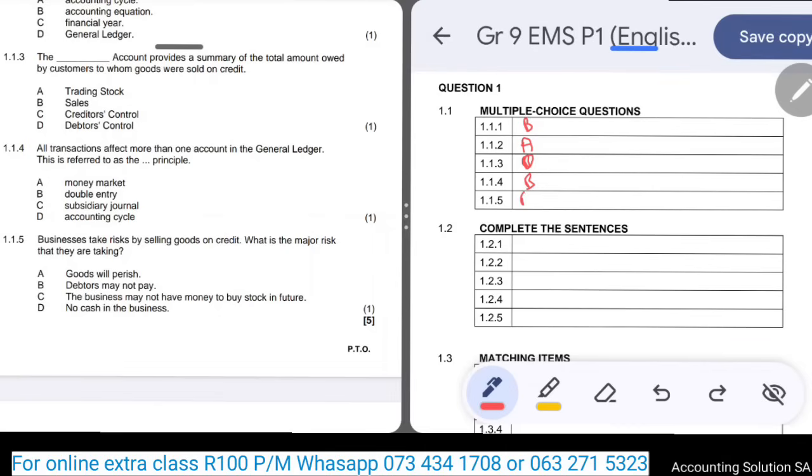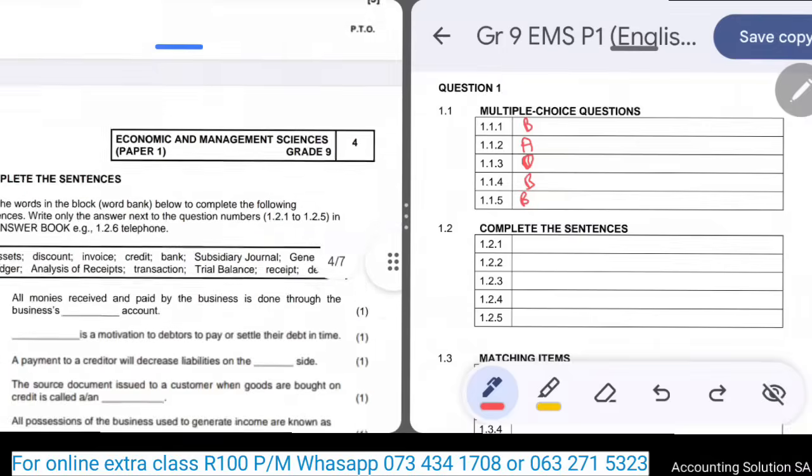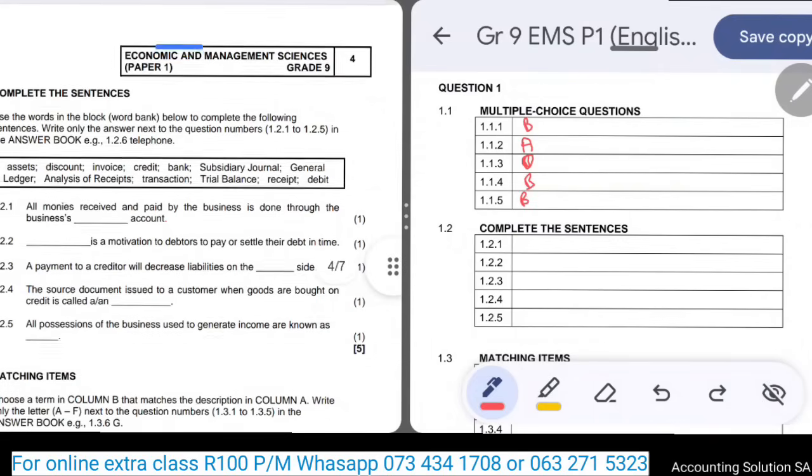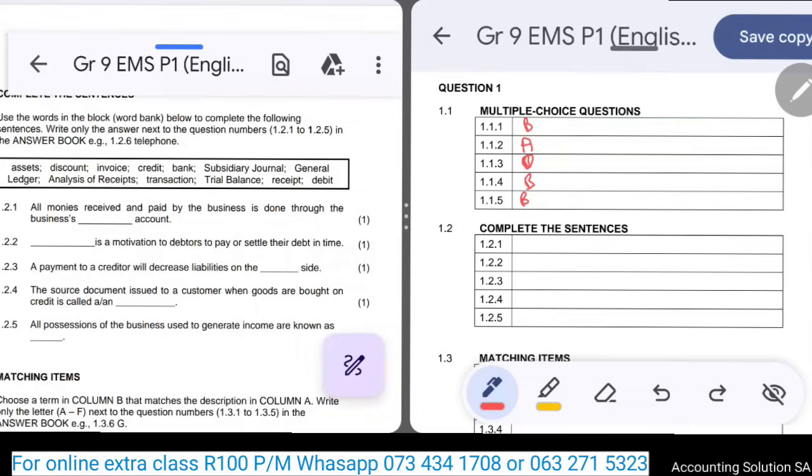You know, people, if you lend to them, some of them are not going to pay. Okay, next one, we have to complete the sentence. All monies received and paid by the business are done through the business bank account. Here we have bank that we are going to use as an answer. Bank account.